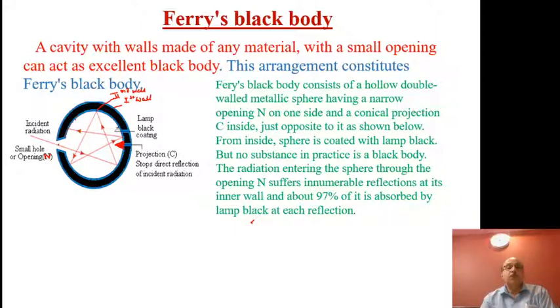But we already said we haven't got such a perfect black body. The lamp black will absorb only 97% of the radiation, so the absorptance of lamp black is 0.97.